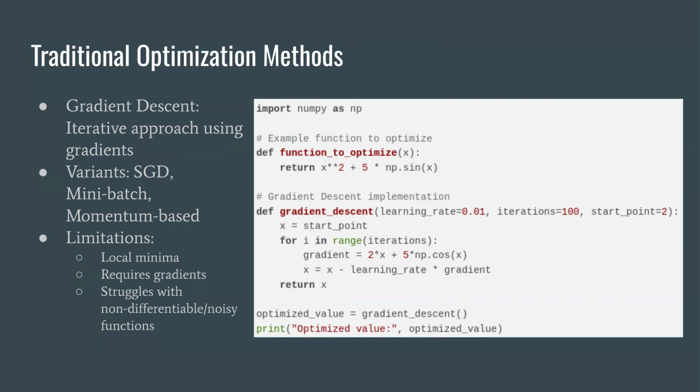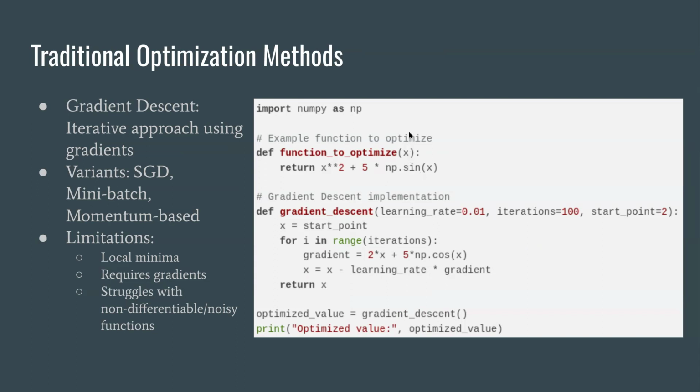Variants include stochastic gradient descent, mini-batch gradient descent, and momentum-based methods. However, these deterministic methods have limitations. They can get stuck in local minima, require gradient information, and may not perform well with non-differentiable or noisy functions.